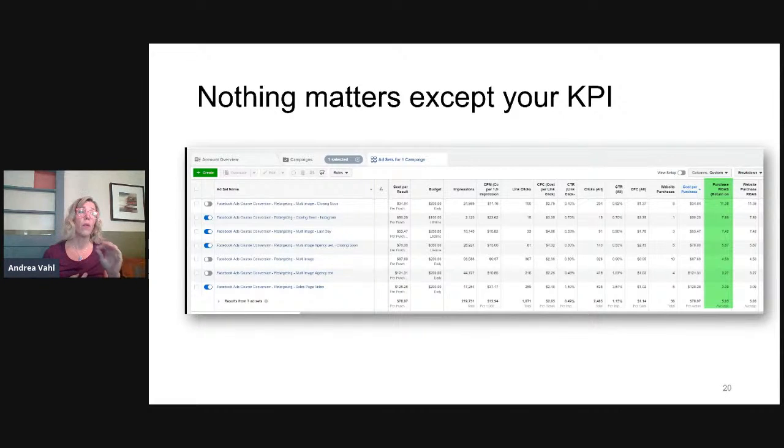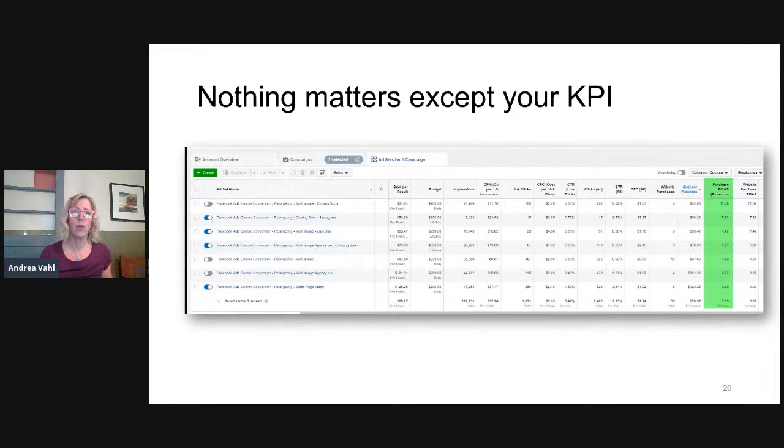And you can only watch that stat when you have your Facebook pixel set up correctly. And when the sale is happening on your website, you can then watch that return on ad spend. And so there's a lot of numbers that are available in there. And there's a lot of information there, but you don't have to pay attention to all of it. You have to just really focus on one, maybe two stats, because you might want to move people along the path to getting to that stat.